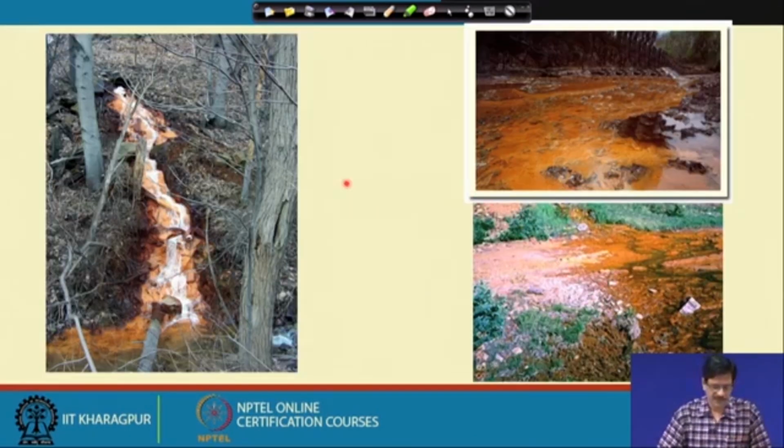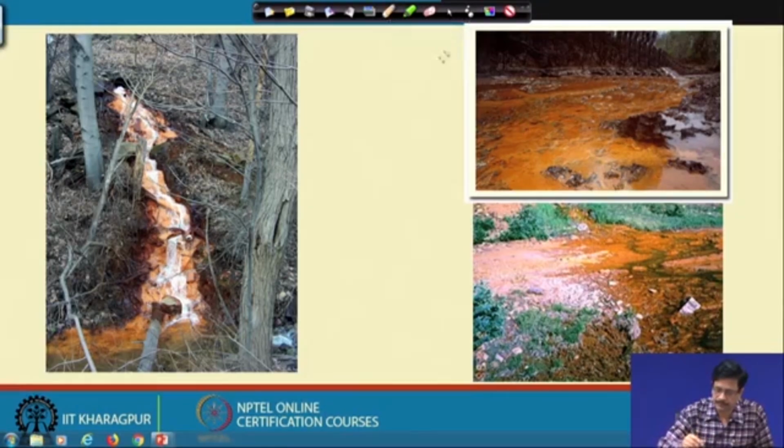These are some of the photographs which you can see here. At any abandoned or working multimetal sulfide mine, if you visit, you will see such features, where the water almost takes on a yellow hue because of the particulate matter within it, which is called ochre.